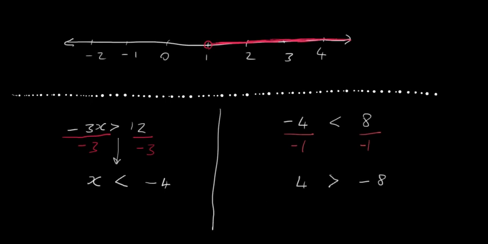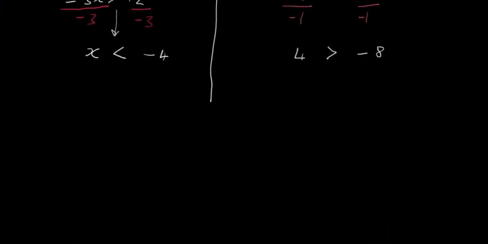Again, if we take minus 4 and 8, minus 4 is less than 8. It's further to the left on the number line. Let's say we multiply the left and the right hand side, this time by minus 2. So what happens?